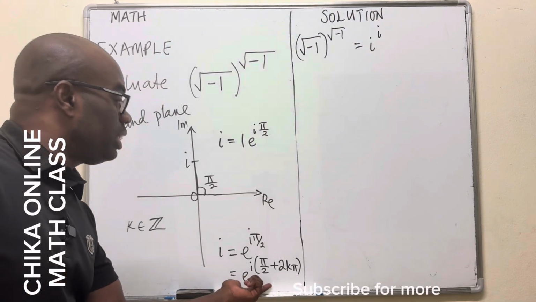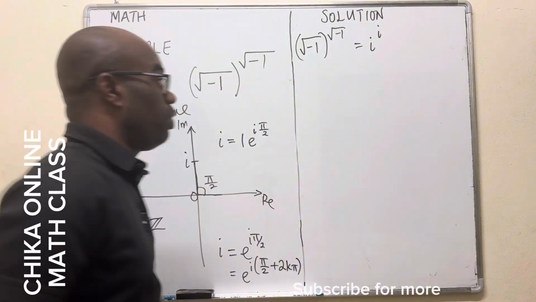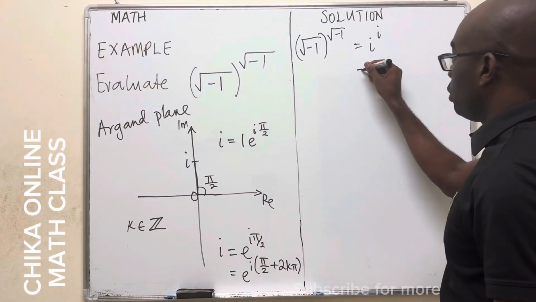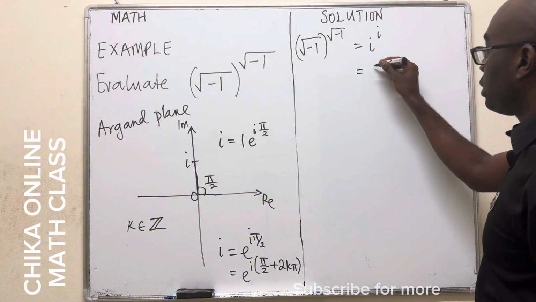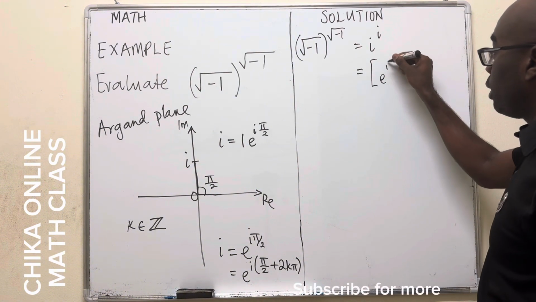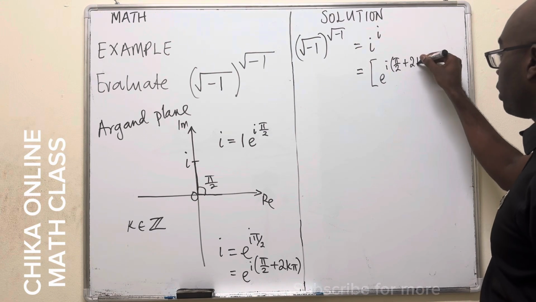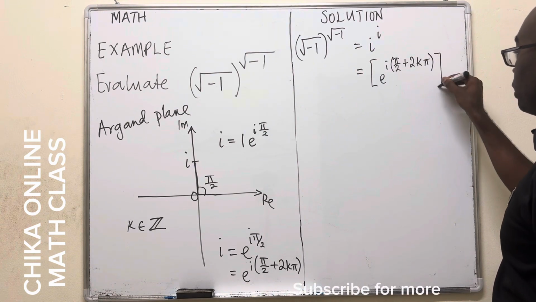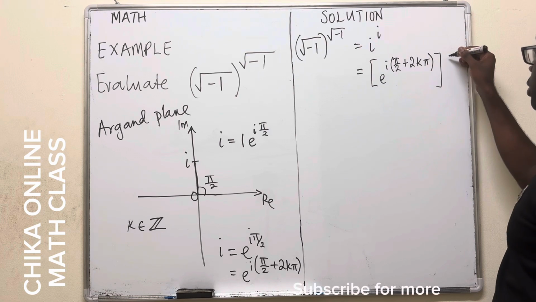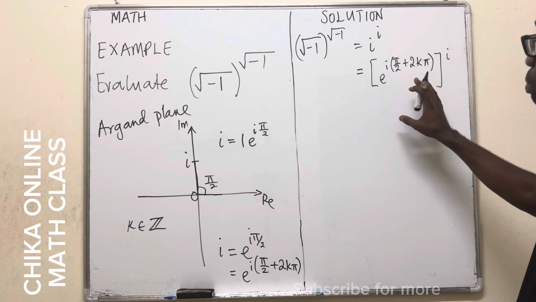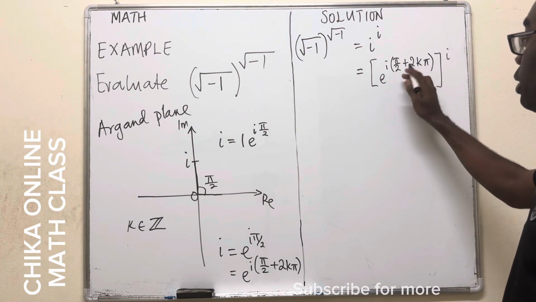Now substitute this into here. So we have exponential i times pi over 2 plus 2k pi, then raised to power this i. Now by law of indices you multiply these two powers.